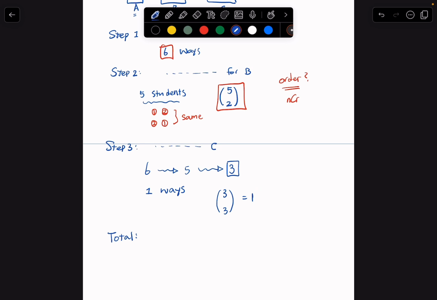The first step is 6, the second step is 5 choose 2, and the third step is 1. So I just multiply 6 times 5 choose 2 times 1. If you calculate this, hopefully you should get the number 60 as the final answer.